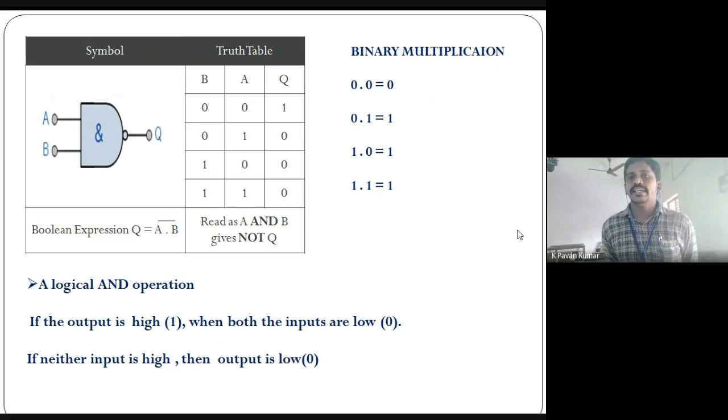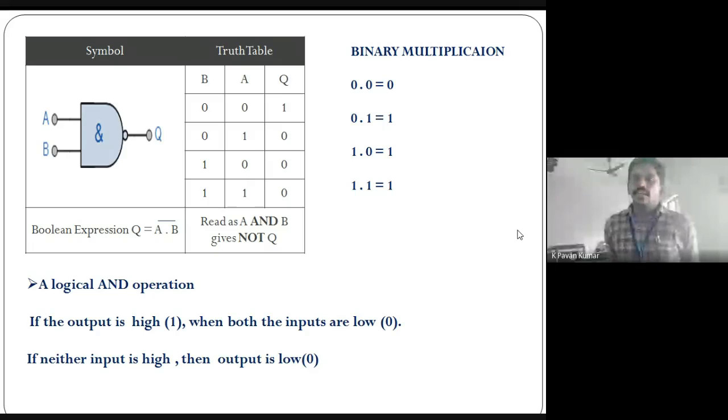And the second condition, B equal to 0, A equal to 1, and output Q equal to A dot B whole bar. 1 dot 0 whole bar equal to 1 dot 0 means 0, 0 bar equal to 1.